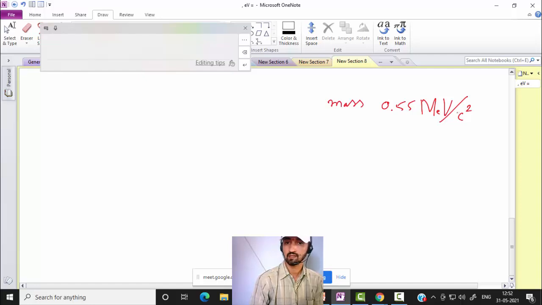A particle of mass 0.55 mega electron volt per c square has a kinetic energy of 70 electron volt.